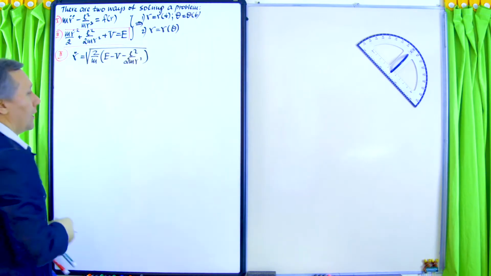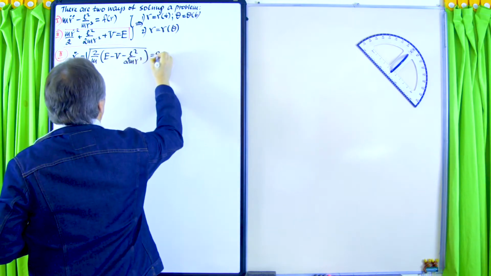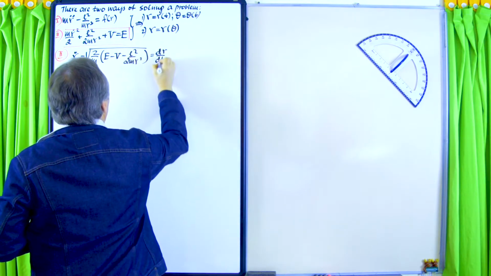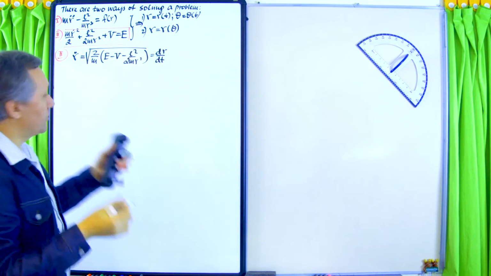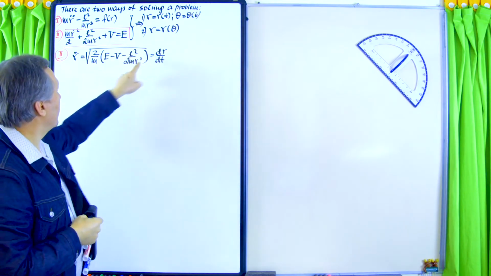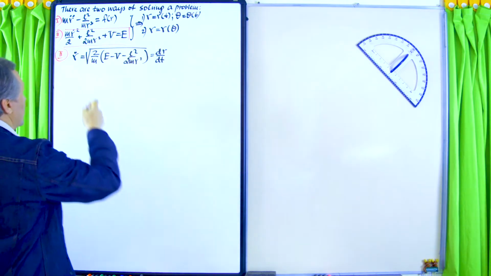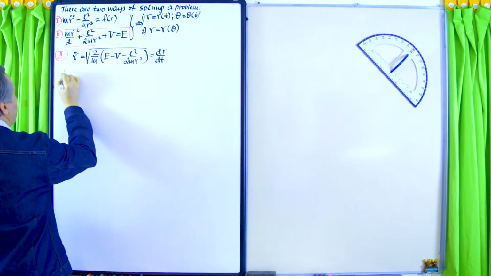That's dr over dt. Now we just need to separate variables: r on one side and t on the other side.